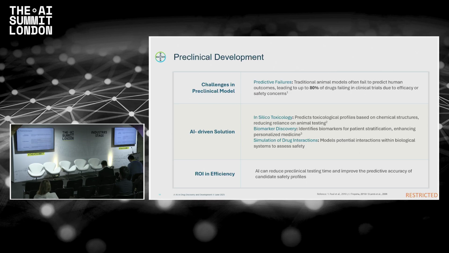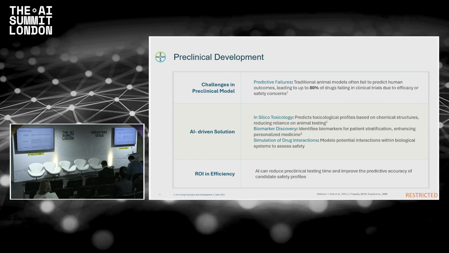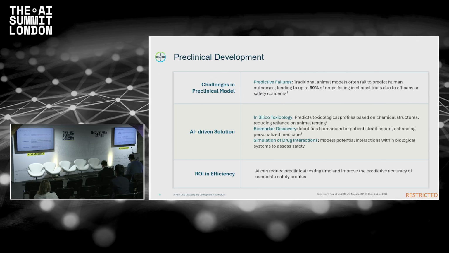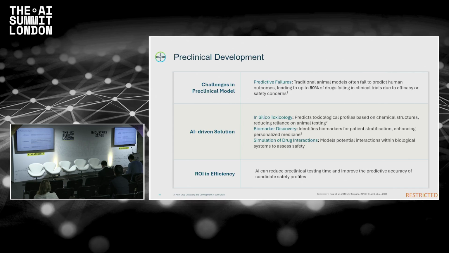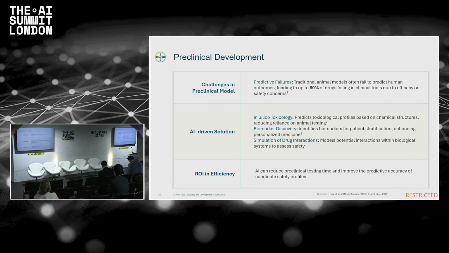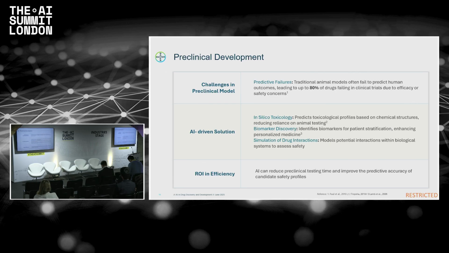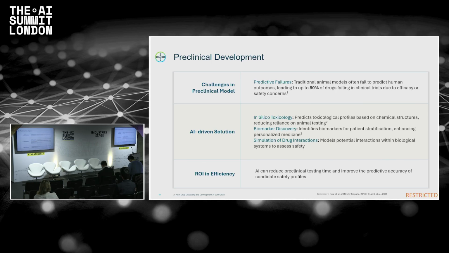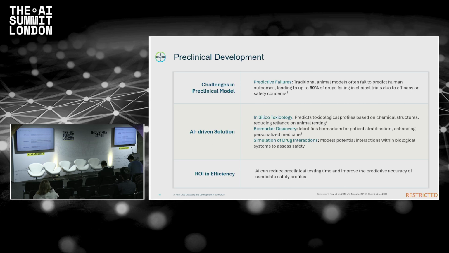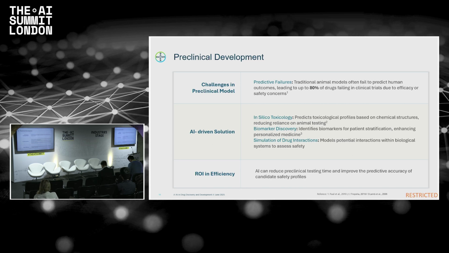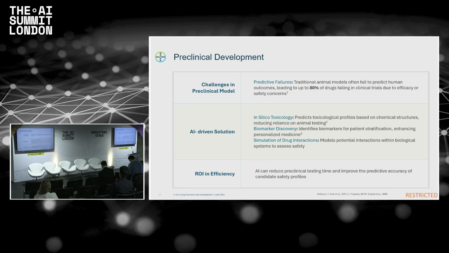In silico toxicology is supporting us in profiling the drug, and biomarker discovery is helping us stratify patients in a clinical trial and move towards more personalized medicine. You always hear about personalized medicine; actually, biomarkers are the ones helping us personalize the medicine.